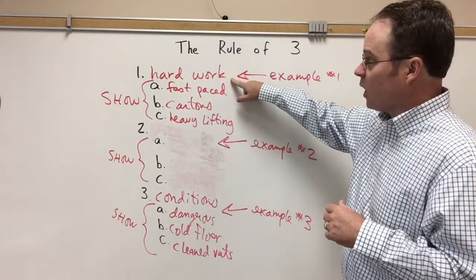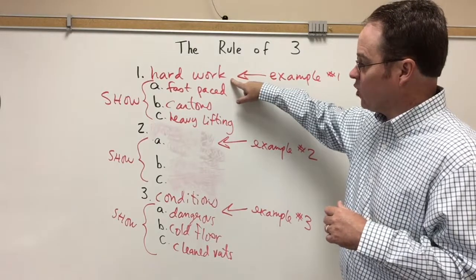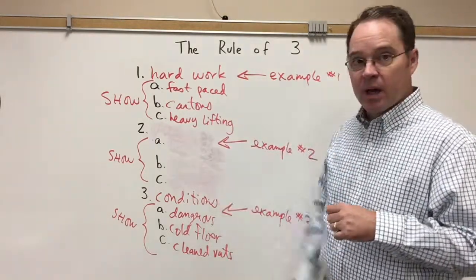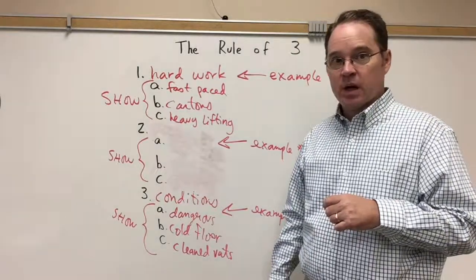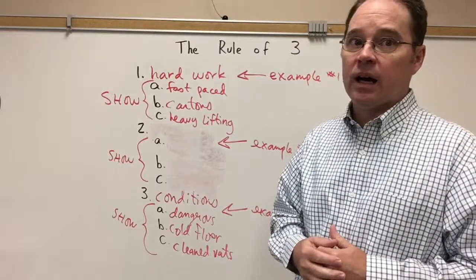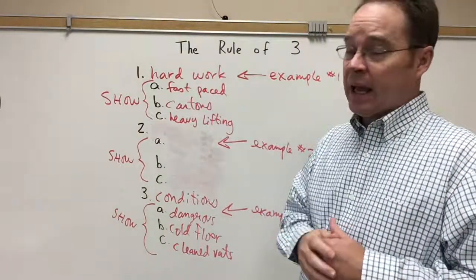As well, you want to list out those topics that give you each example: hard work, poor pay, and then the conditions. So now what we'll take a look at next will be the 300-word essay and using the rule of 3, how that should look.